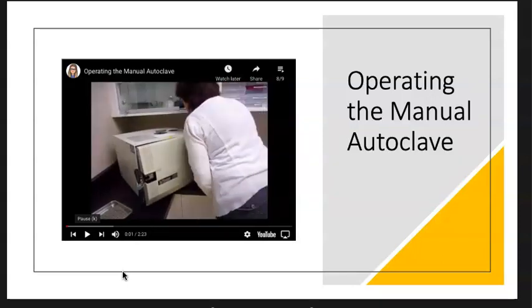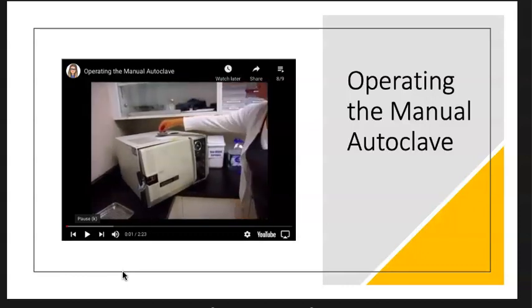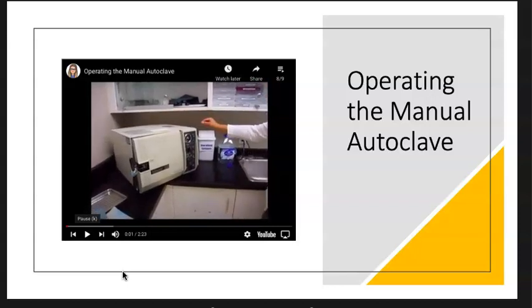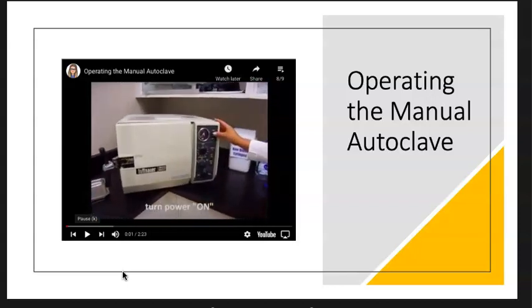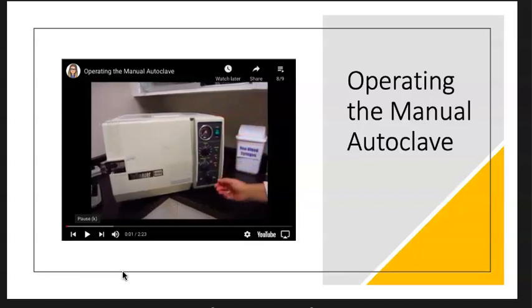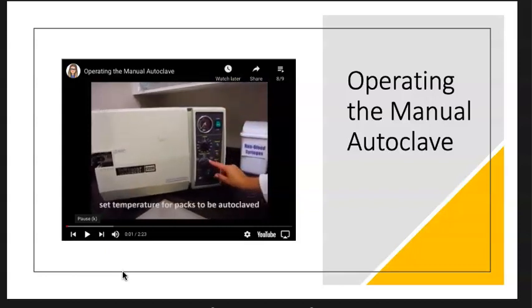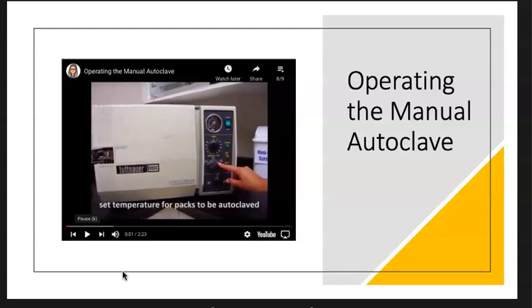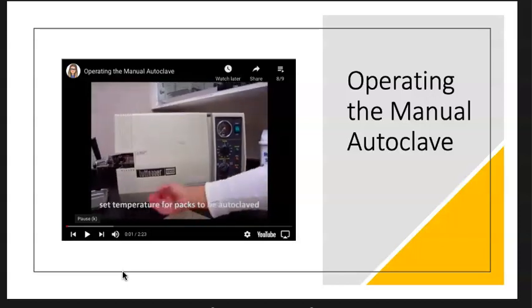Once the water is appropriately filled, you can place the reservoir cover back on. We're then going to turn the autoclave on. Set the temperature for the packs to be autoclaved.